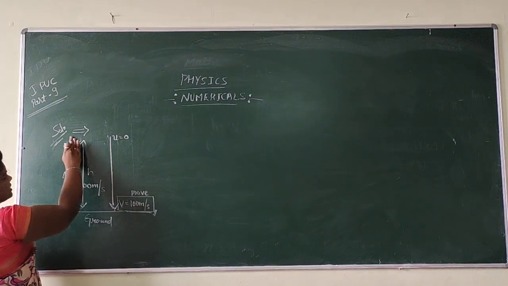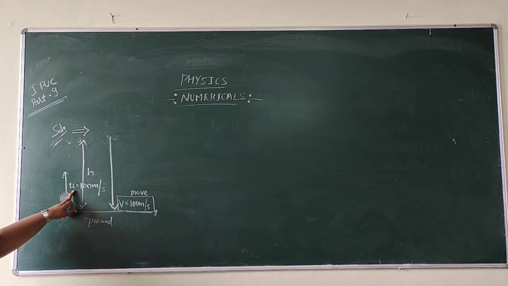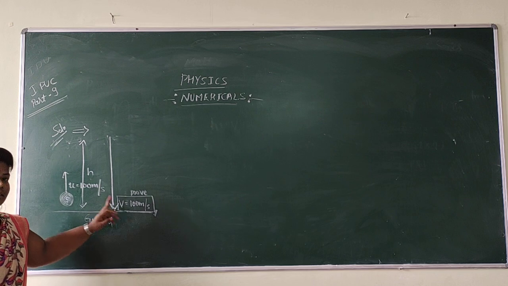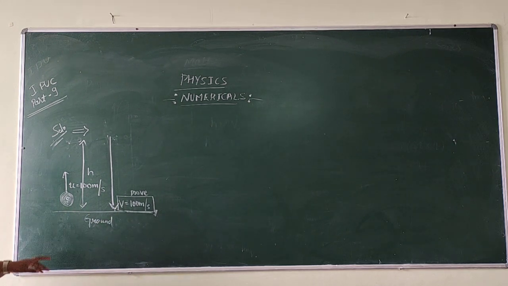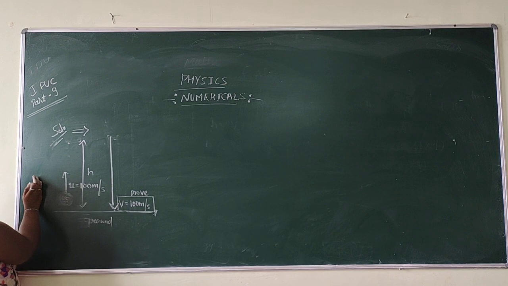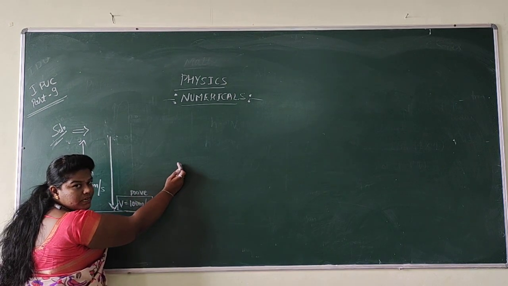I just divided this into two parts. They have given only this much. But given this initial velocity, we should calculate v. That is, we should prove that the velocity when it reaches the ground is equal to 100 meters per second. To solve this, I divided it into two parts: one for the upward journey and another for the downward journey.